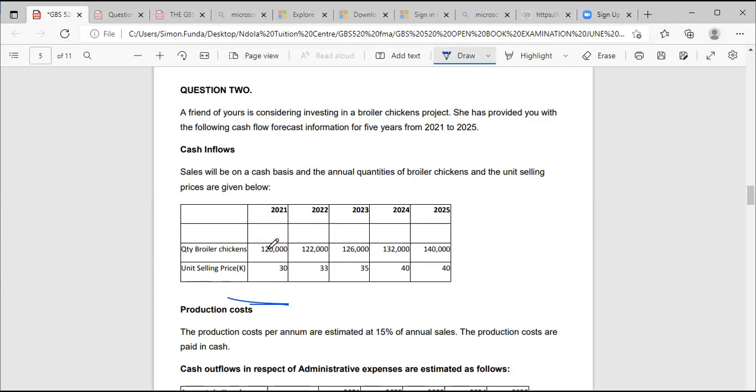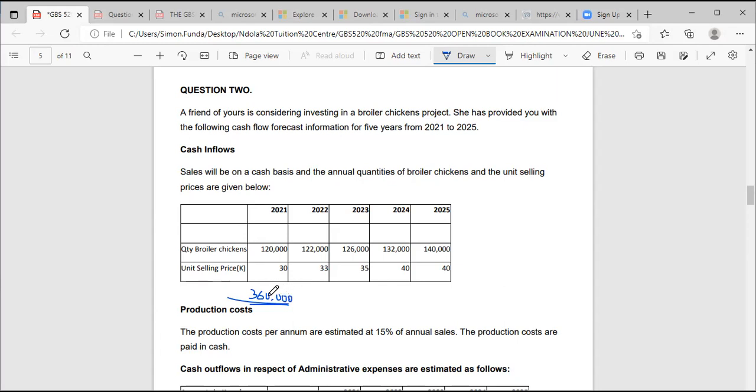So we say 120 times 30 is how much? 12 times 3, that's 36. So meaning the total sales figure in 2021 will be 360,000.